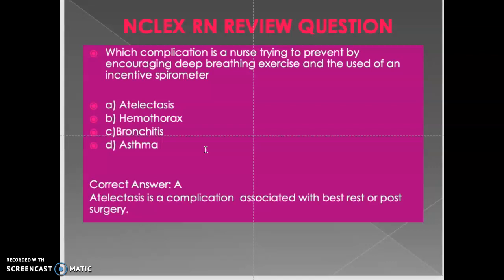Also, patients can develop pneumonia due to the pooling of secretions in the respiratory system. A lot of times we're trying to promote good pulmonary hygiene by encouraging our patients to take deep breaths. Also, the use of an incentive spirometer will greatly decrease the incidence of atelectasis or pneumonia. So the correct answer is A.